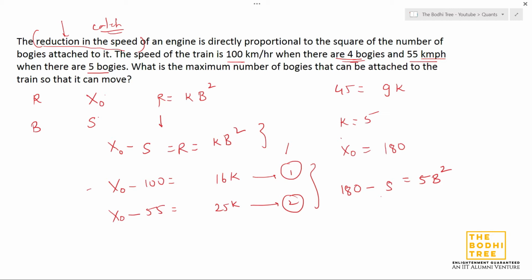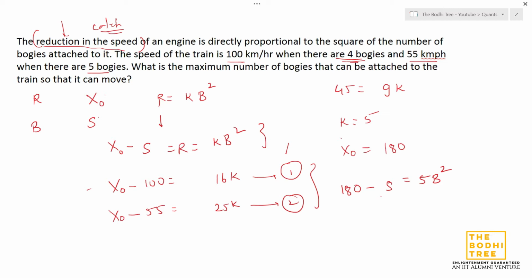So if the speed of the engine is just above 0, for our convenience let's assume it is 0, because even if the speed of the engine when there are bogies attached to it is slightly just above 0, we'll say that the engine is moving and it's able to carry those bogies.